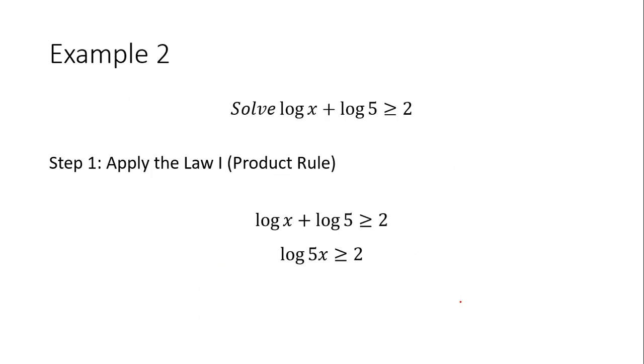Another example, okay? We have logarithm of x plus the logarithm of 5 is greater than or equal to positive 2. So this time, greater than or equal naman po. Okay? Pero bago tayo pumunta dun sa properties for the inequality, may makikita tayo ditong addition. Okay? So kapag may addition kasi kay logarithm, papasok sa isip natin mga anak, yung mga rules na diniscuss ko po sa inyo before.